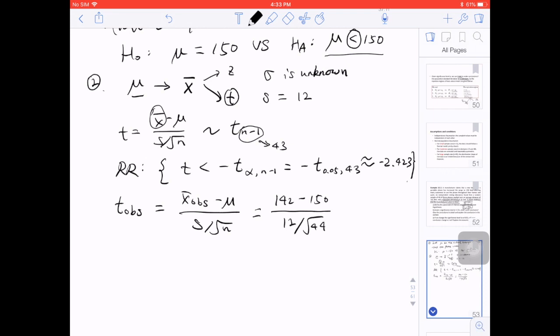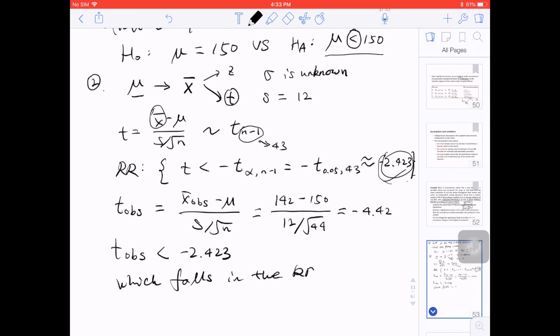So this is equal to negative 4.42. Which means t observed is smaller than negative 2.423. So it falls into the rejection region, right? So we have the conclusion that we reject the null hypothesis, that the manufacturer's claim is false.